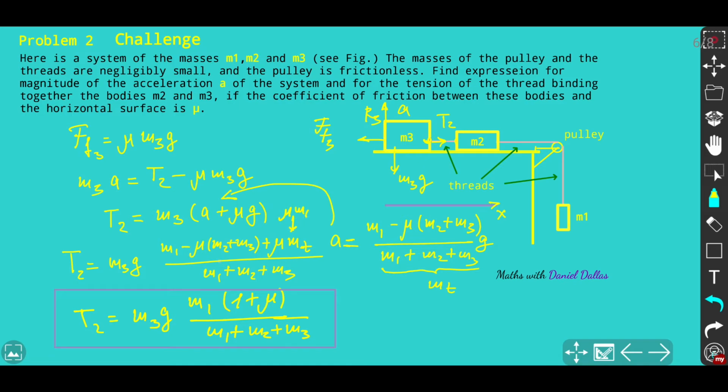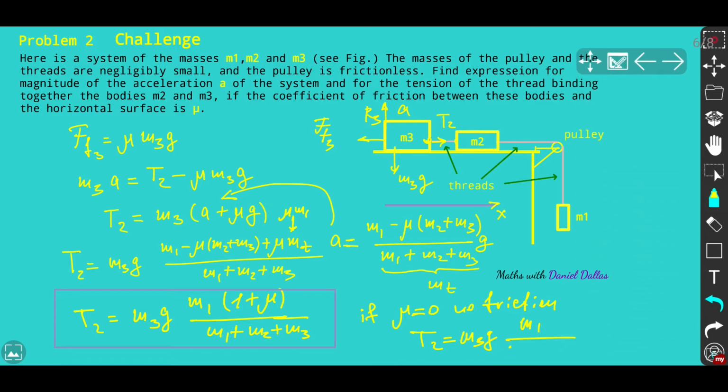And again, let's analyze a bit more: if mu is going to be equal to 0, so no friction, what will happen with the tension force? T2 is going to be equal to m3g times the coefficient m1, basically the share which m1 represents in the total mass, so it's going to be m1 plus m2 plus m3.